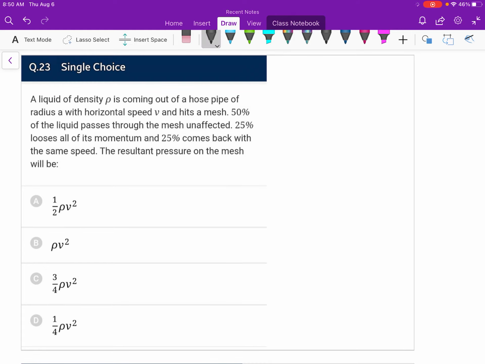So guys, from the hose, the momentum coming out per second: mass flow rate is rho A V, and so momentum incident on the mesh per second is rho A V square.